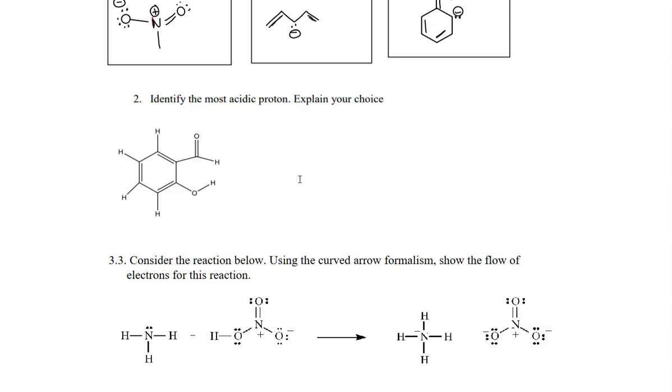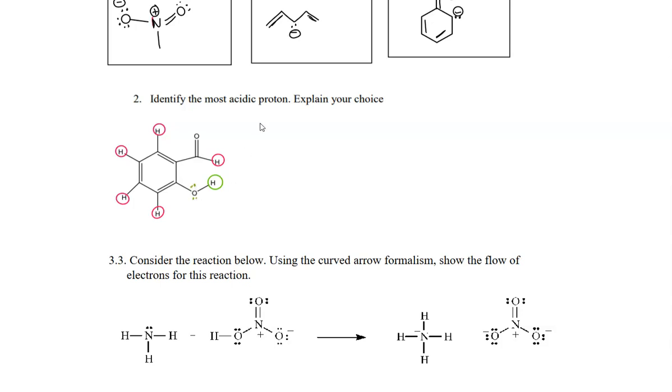So there are certain rules which help us to decide which one will be the most acidic. One is that if the hydrogen is connected to a more electronegative element, then that hydrogen is the more acidic hydrogen. So if you look at all these hydrogens, which I'm circling with a red color, these are all hydrogens which are attached to a carbon atom. Whereas the hydrogen which I have circled in green is the one that's connected to an oxygen atom.